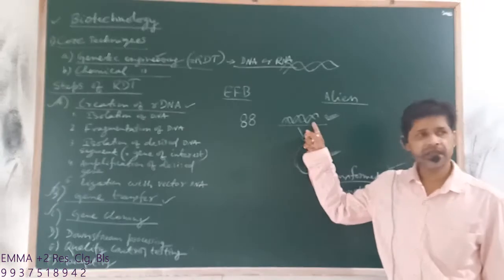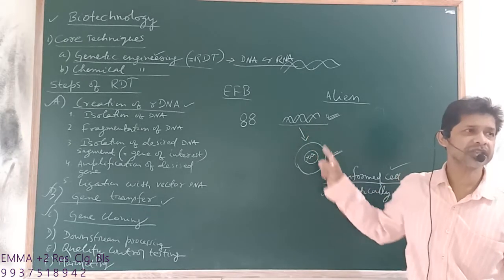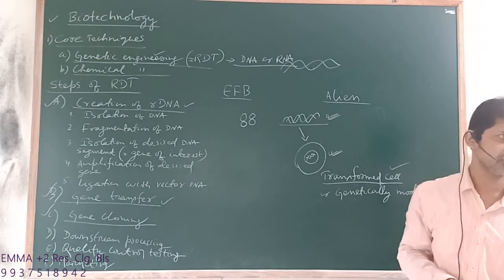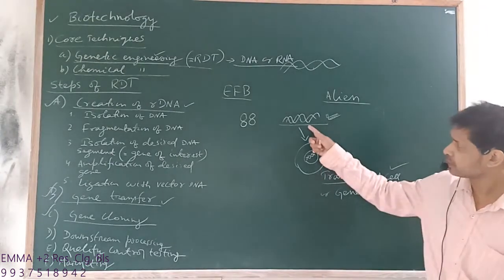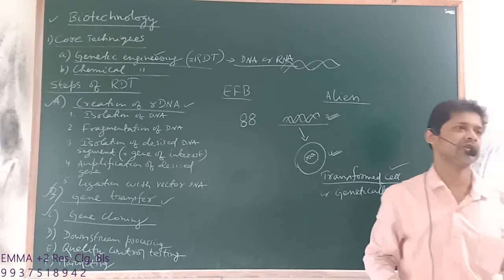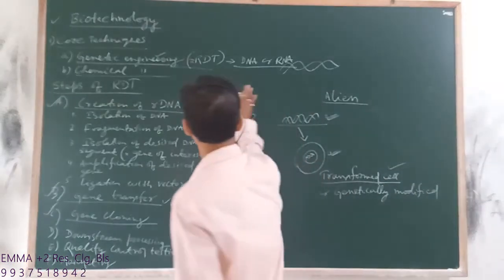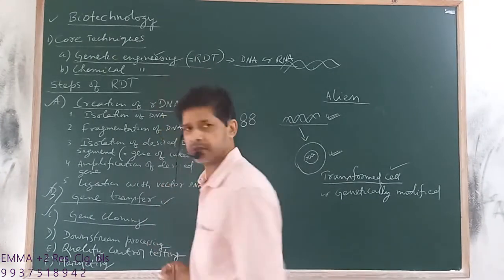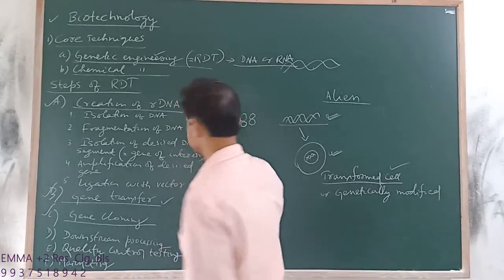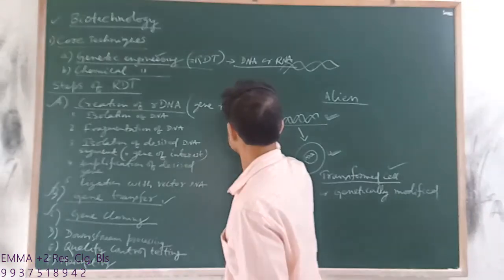This DNA alone cannot undergo replication. It cannot increase its number. That's why we are joining into it another DNA, that is vector DNA. So in recombinant DNA, two types of DNA are present, that is gene of interest plus vector DNA.